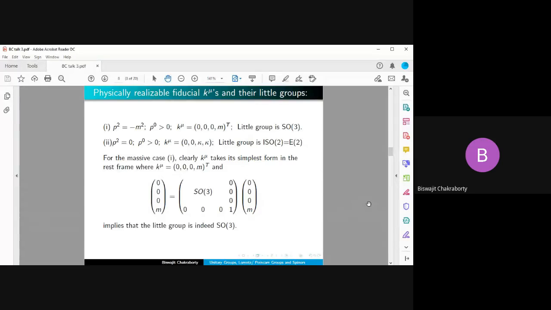So you have all the representations: half, 1, 3 by 2, everything. So the whole apparatus of non-relativistic quantum mechanics can be brought here wholesale and applied. But the massless case is different. It is a feature of relativistic quantum mechanics which is absent in the non-relativistic scenario. Okay. So let me go to the massless case now.